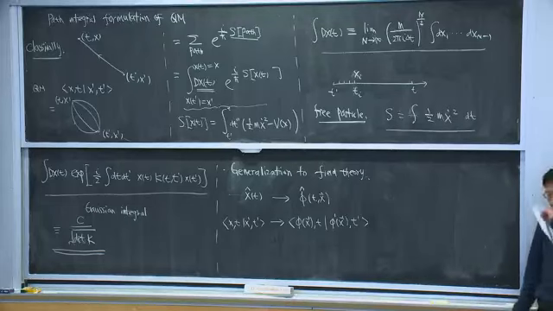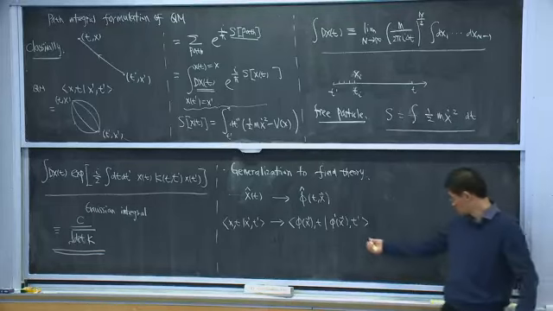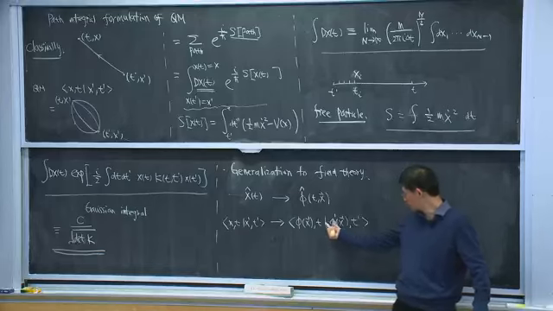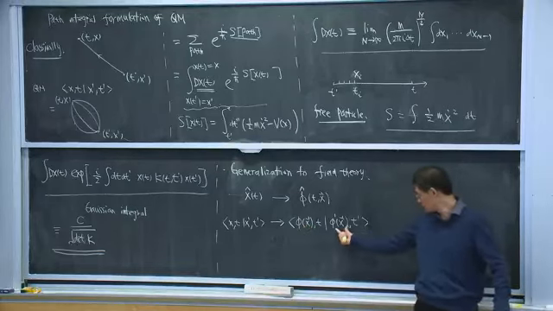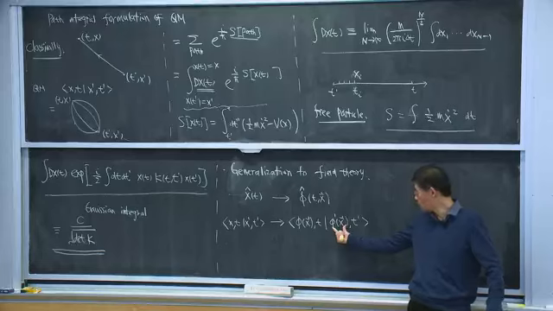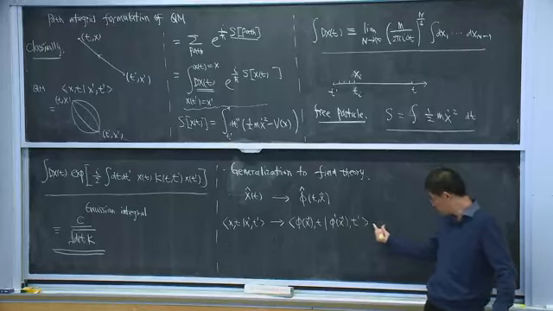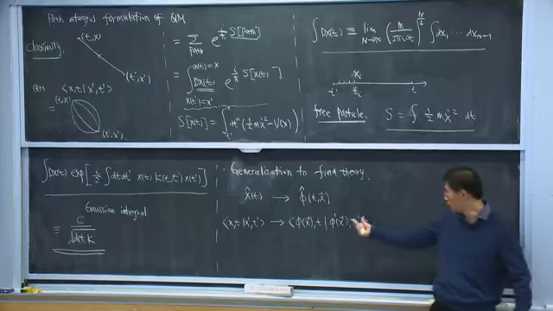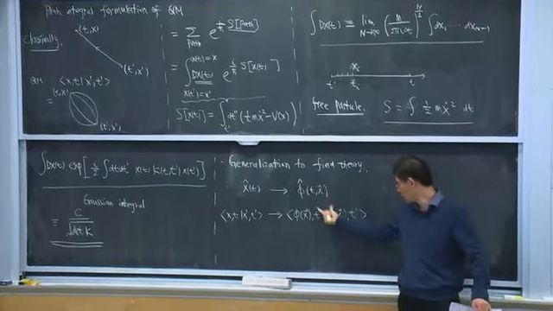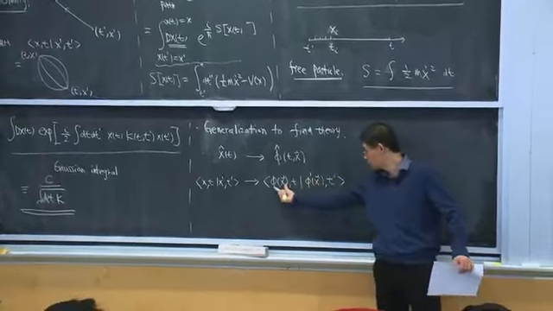Again, the way to think about this is that you should view this x as a label. It is just as if we have an infinite number of positions. I just have an infinite number of phis, which are eigenvalues of this operator at time t and at t prime, and similarly here.